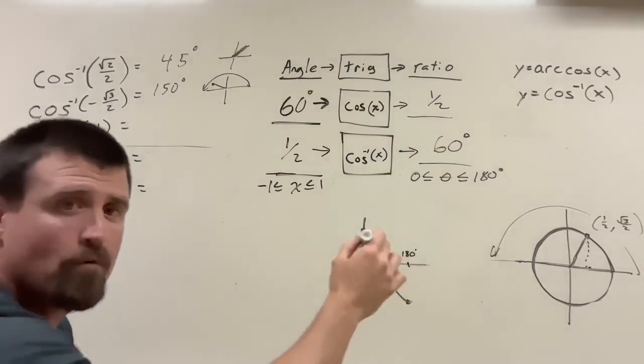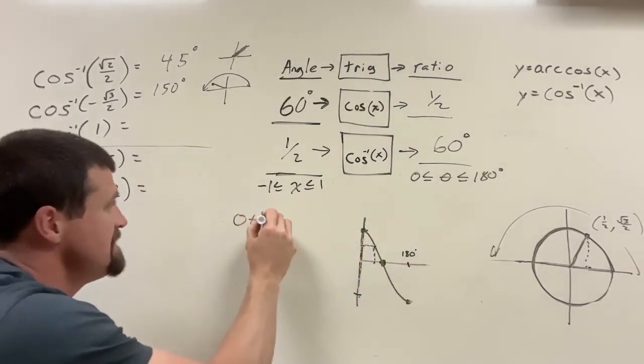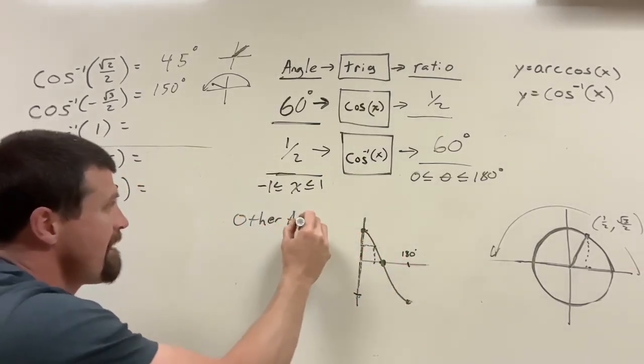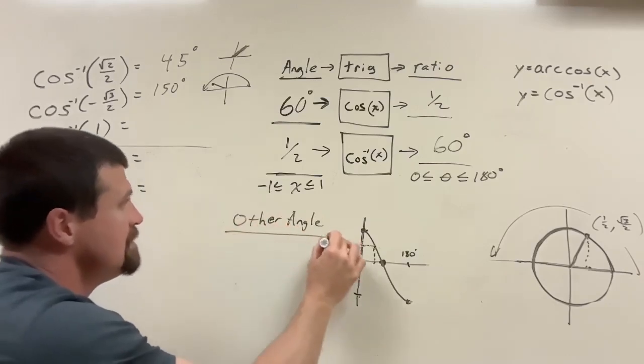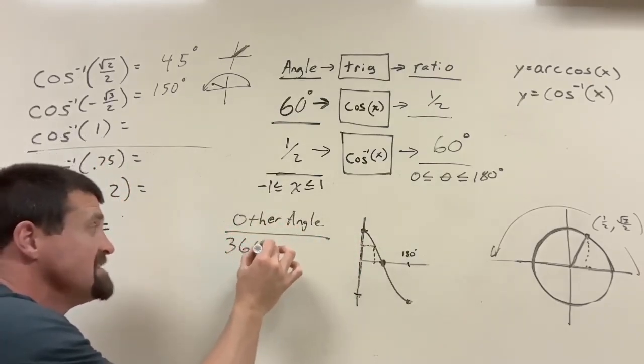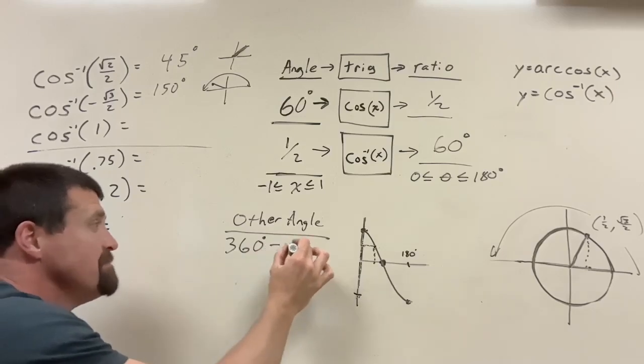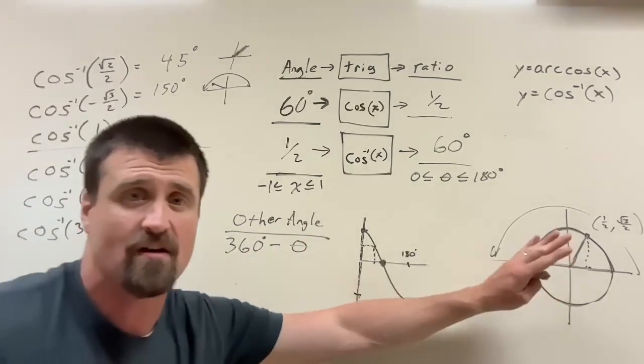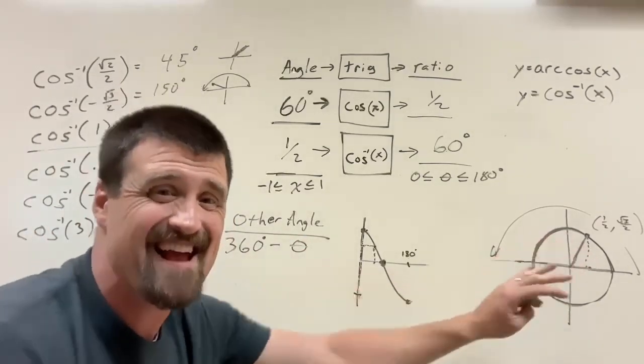Now, let me give you one more formula here. This is the other angle formula. When I have cosine, the other angle formula is 360 degrees minus my angle. That would give me the other angle on the unit circle that has the same x-coordinate.